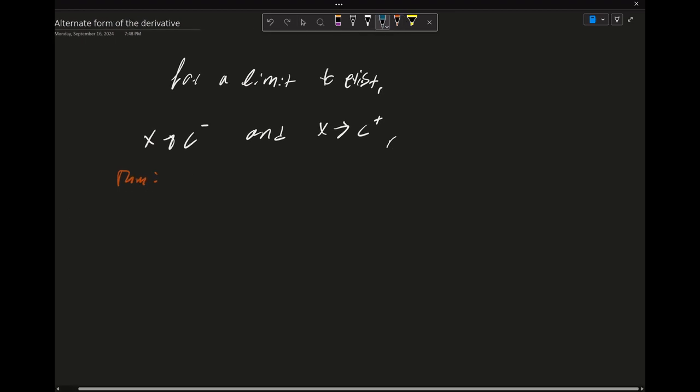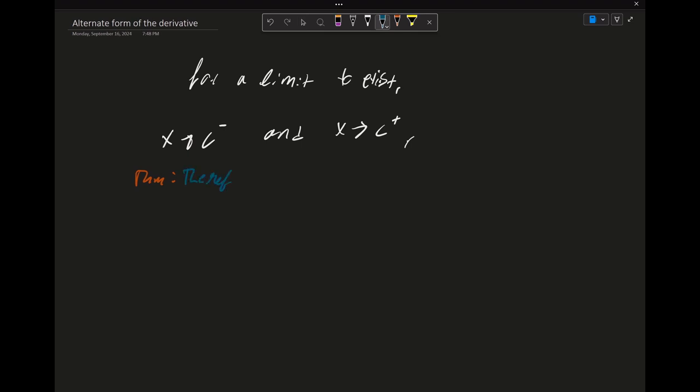We can now prove that a derivative exists at c by showing its limits from the left and right exist. And that is a great tool.